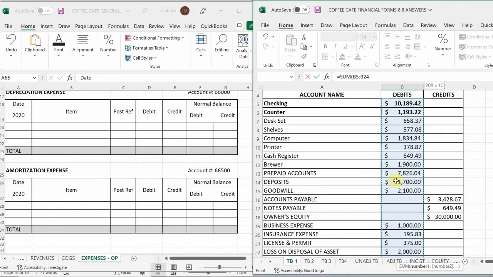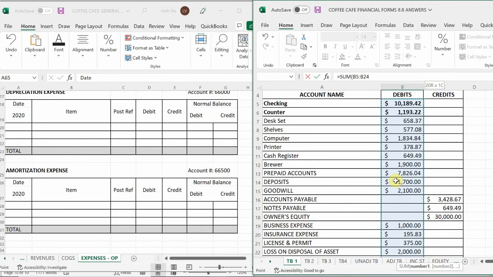$10,189.42 for my checking, $11.93 for my computer, $6.58 for my printer, $5.77 for my register, or sorry, shelves, the $18.34 for my computer, printer for $3.78, register for $6.49, Brewer for $1,900.